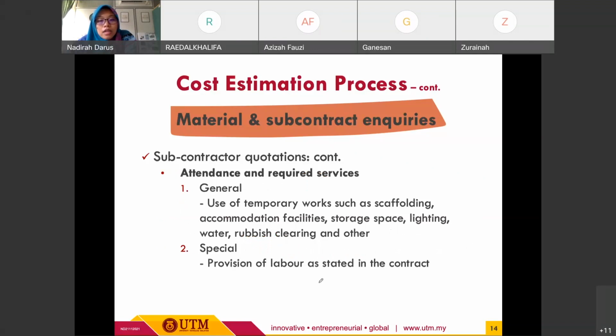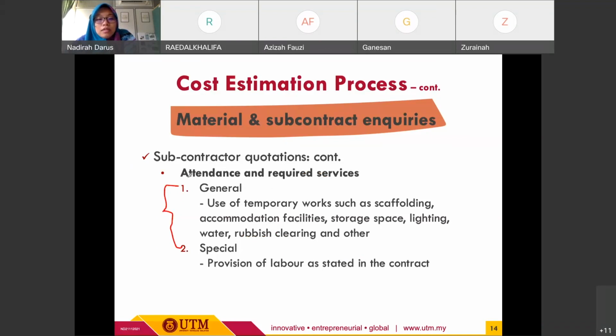Okay. The other things related to the subcontractor quotation, as I mentioned previously, related to the attendance and also required services allowance. So we can divide this allocation into two main categories. The first one, we have general, and then we have a special allowance or allocation.